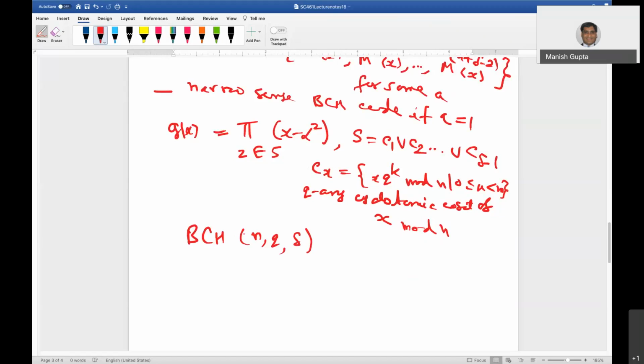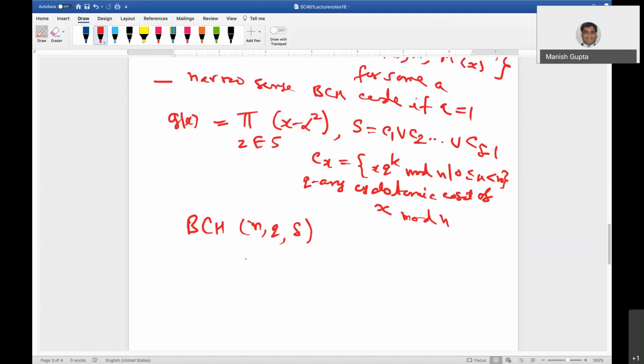These are the three basic things: the length n, q is the parameter of the finite field, and delta is the design distance. So n, as you know, of course, is q^m - 1.